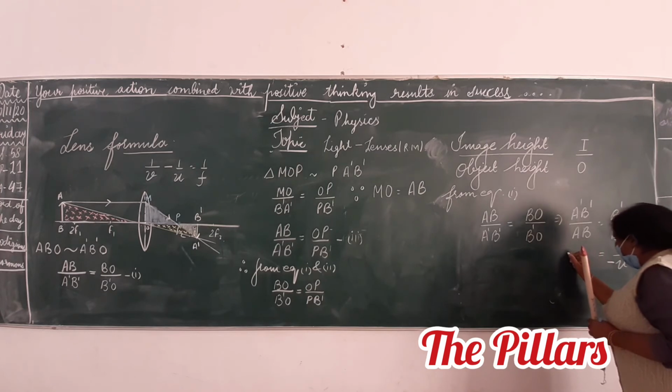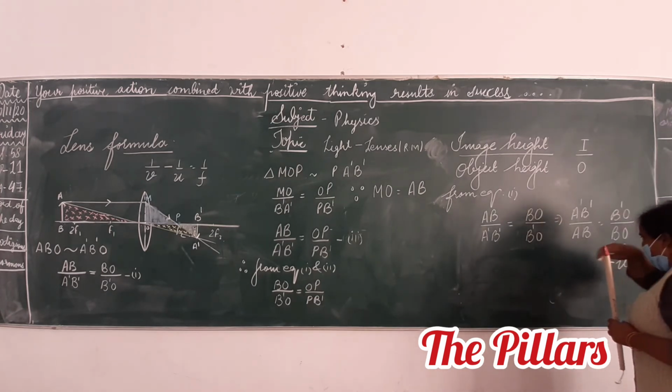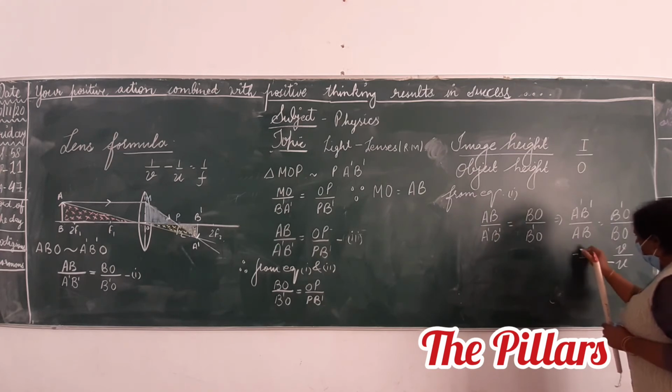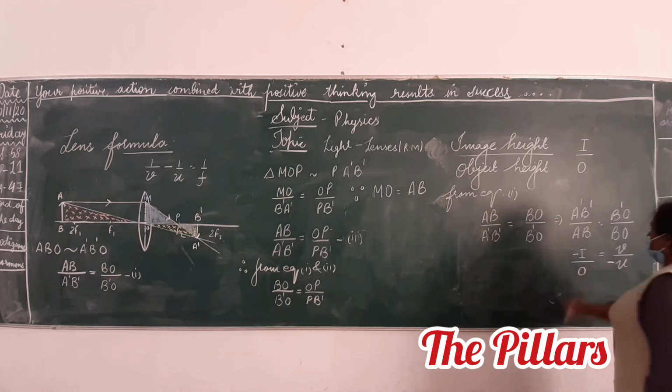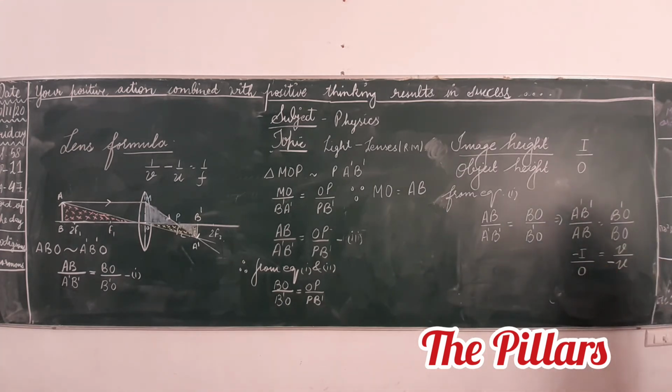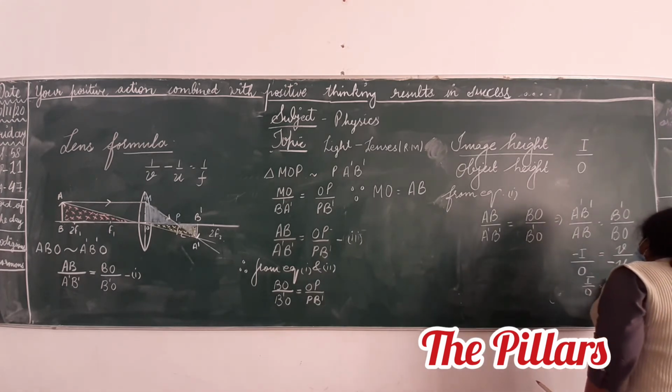Height of the image. Can I write this as minus I, because it is below the principal axis? And AB is O, above the principal axis, positive. The minus signs cancel. So what do you have? I by O is equal to V by U.